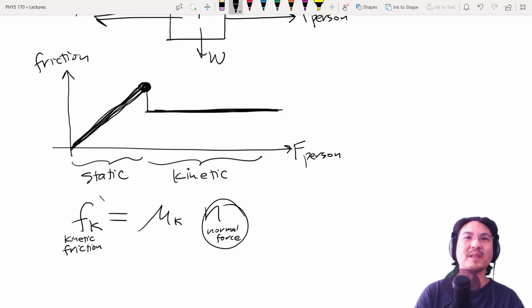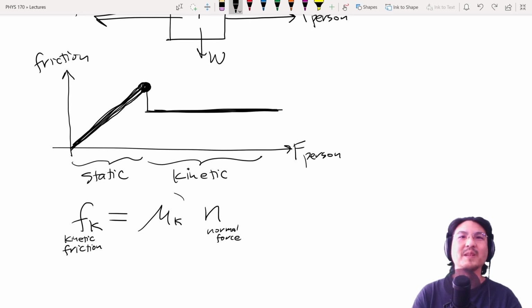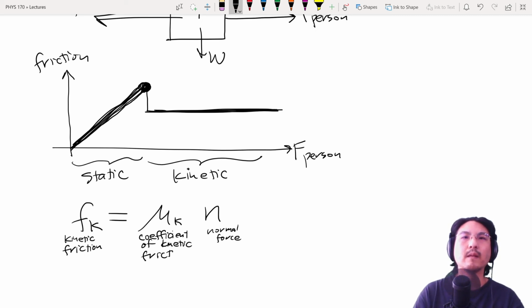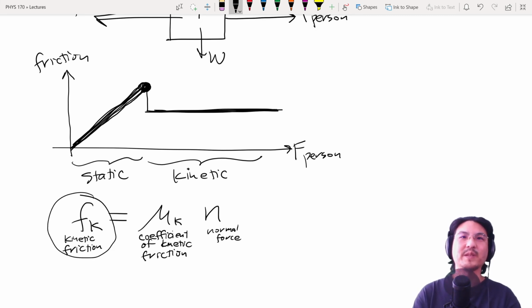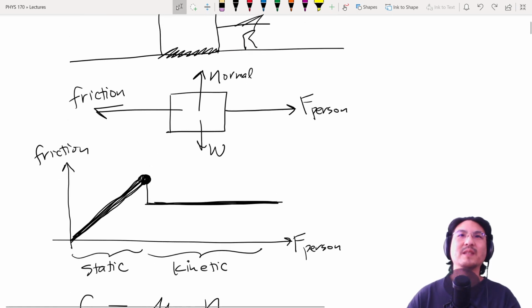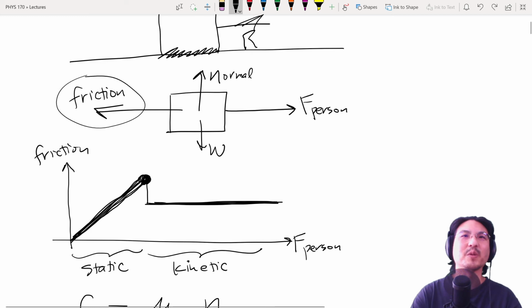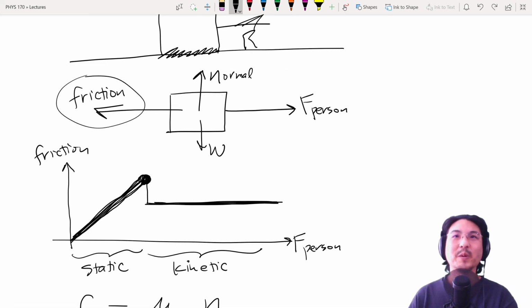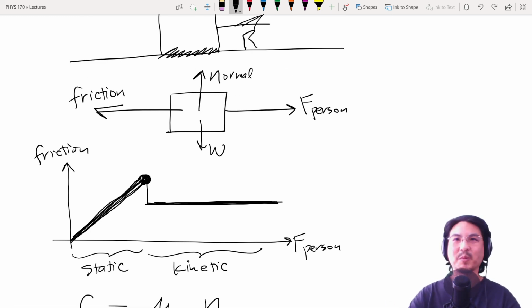This is a dimensionless coefficient, which we call the coefficient of kinetic friction. So you see friction is proportional to normal force. The two components of the contact force are actually proportional to each other.